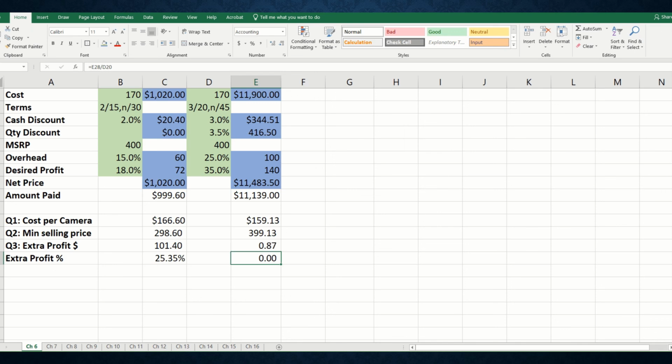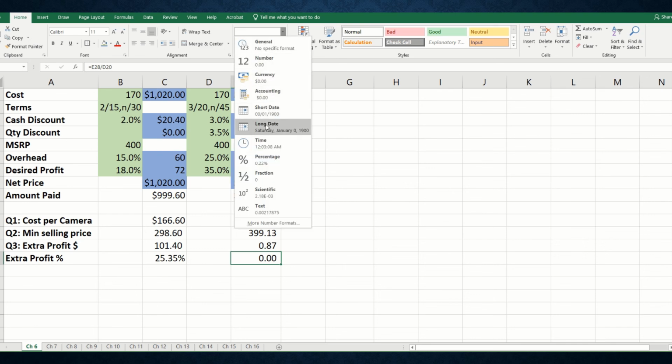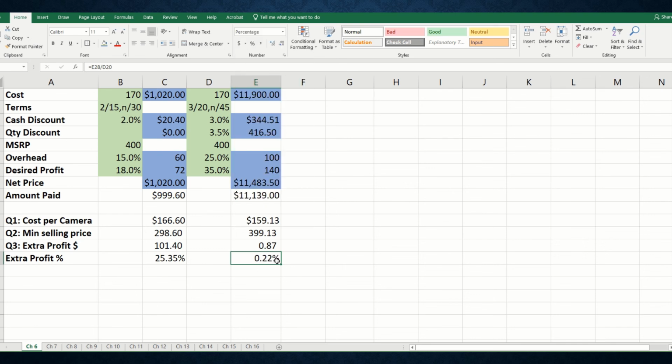Okay, so I think we got that. We'll go on to question 4. Now we can't go on to question 4 quite yet because I forgot to change this to a percentage. And yeah, 0.22%, that's better. I was like, where'd it go? I had it as $1. So it's at 0.22%, which is good.